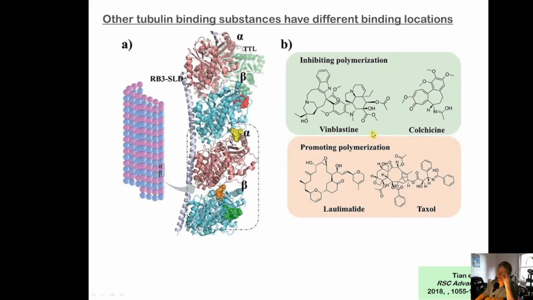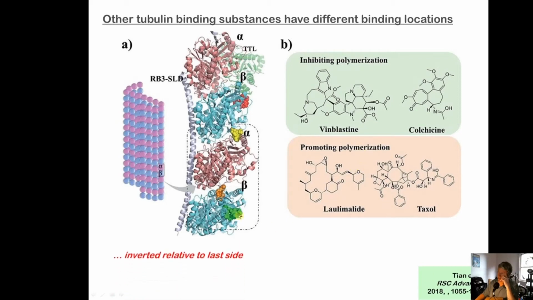Now, they can all be cytotoxic by different mechanisms, because tubulin polymerization has to be carefully orchestrated for the mitotic spindle to work. So even though vinblastine inhibits polymerization, and Taxol and lolimolide promote polymerization, they're cytotoxic in different ways, even though they affect polymerization differently.